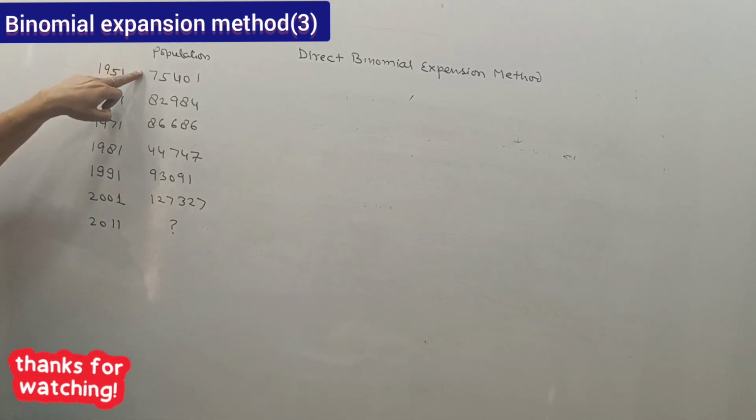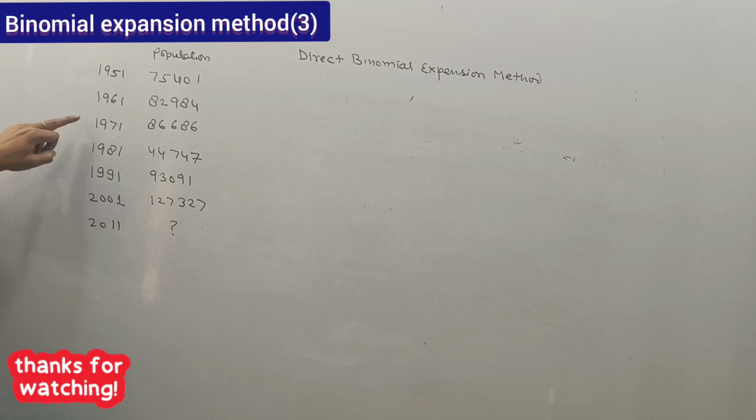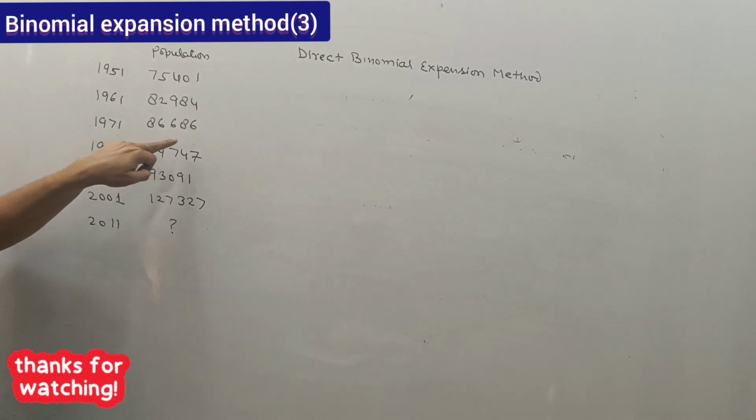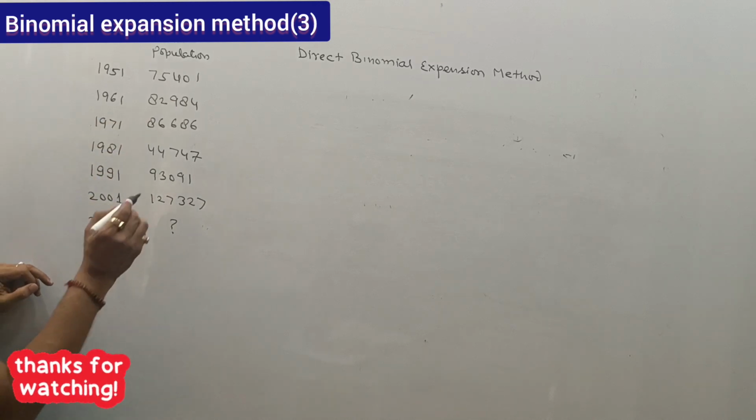As we see, from 1951 to 61 the population is increasing, 61 to 71 the population is increasing, but from 71 to 1981 there is a huge difference and decrease in the population. Again it is increasing. So it means this data is wrong.